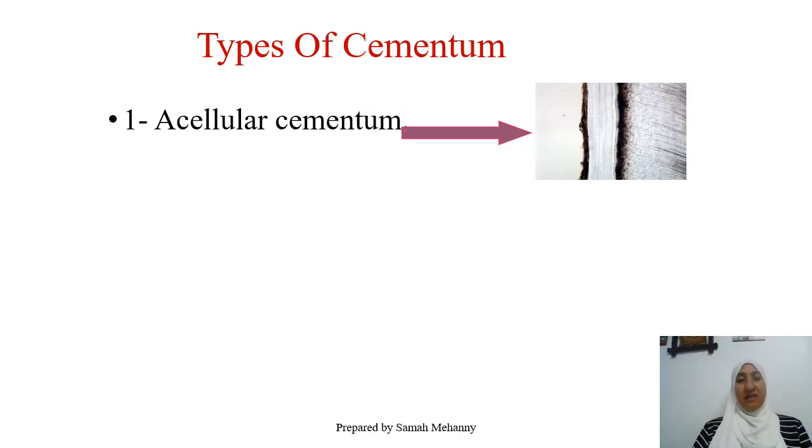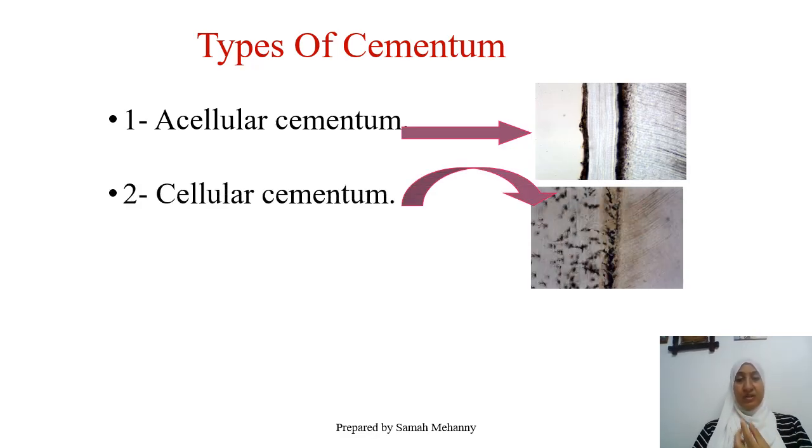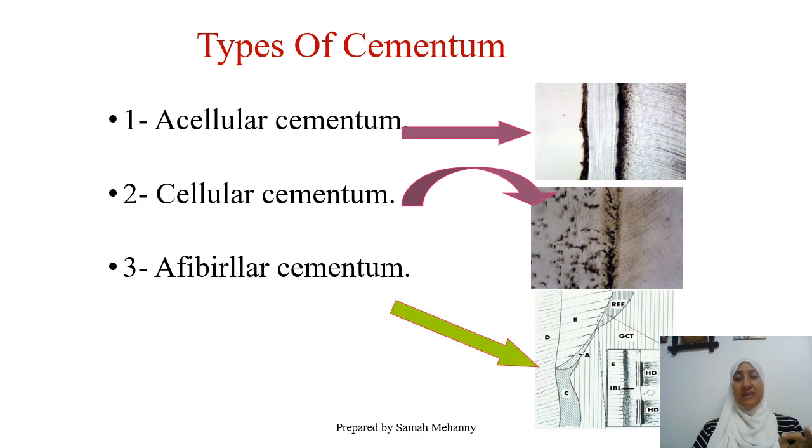From the previously discussed parts, we can notice that cementum has three types: acellular cementum, mostly at the cervical portion, or cellular, mostly at the apical portion. We can find areas of alternating, but this is in most cases. And the third type is afibrillar cementum, which covers part of the enamel at the cervical area.